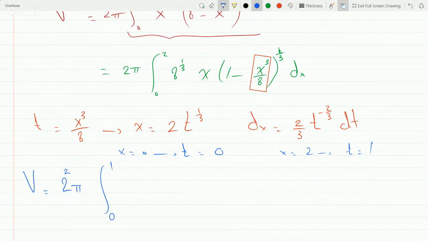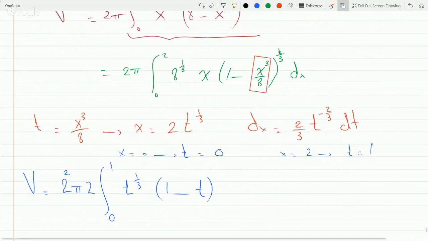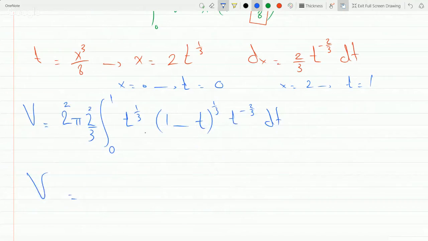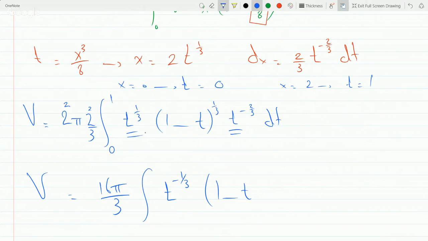Yeah, x is 2, so bring the 2 out. t to the 1/3, (1 minus t) to the 1/3, and dx is 2/3, so another 2 here over 3, t to the minus 2/3 dt. And so this becomes 16 pi over 3. You agree? 4 times 4, 16. Combine these two here. You would get t to the minus 1/3, (1 minus t) to the 1/3 dt.